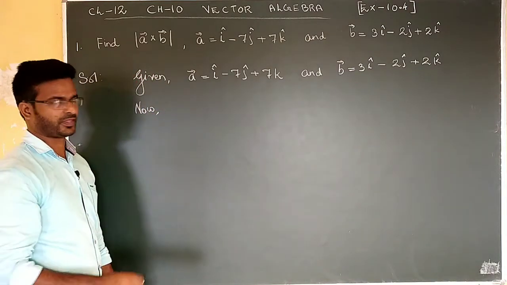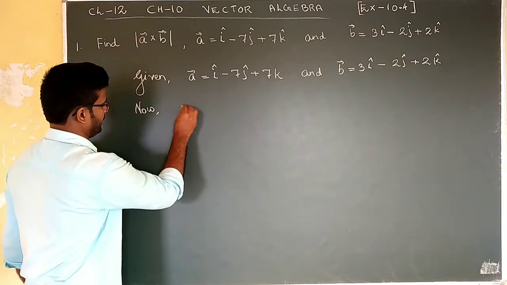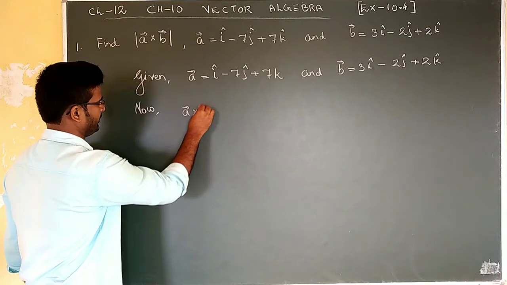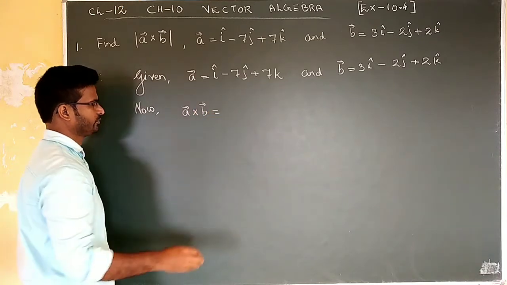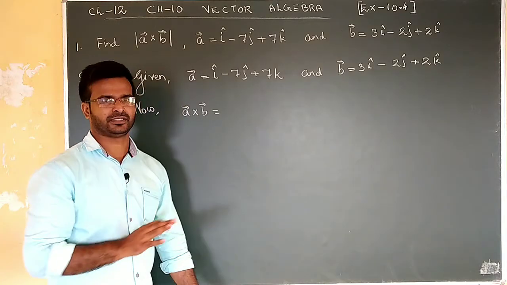First we will find A cross B; the magnitude we can find afterwards. For A vector cross B vector, we can use two different methods. The determinant method is very easy.